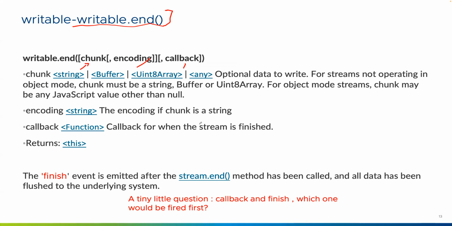Then you can execute some specific tasks within this callback. So the question is about the callback and the finish event, because when you use end, the finish event will be emitted after the stream end method has been called.